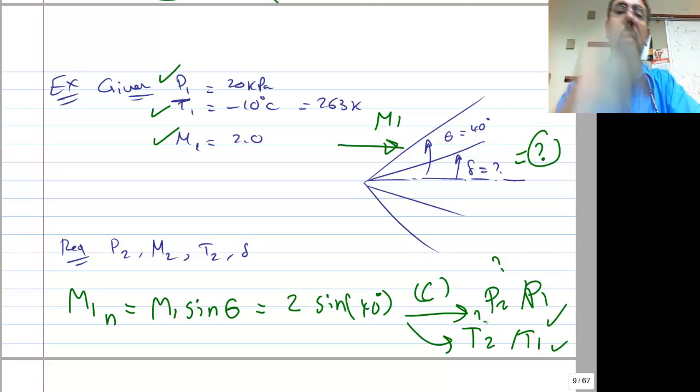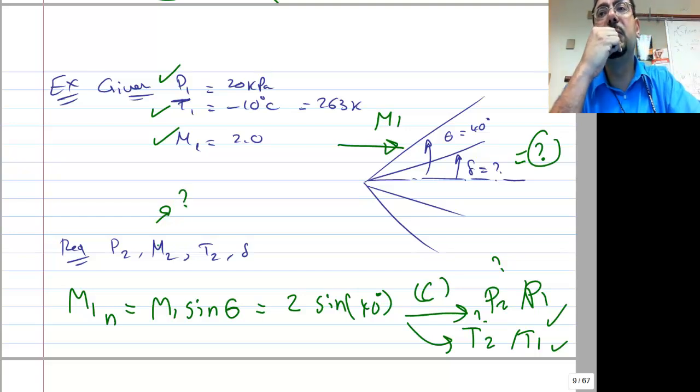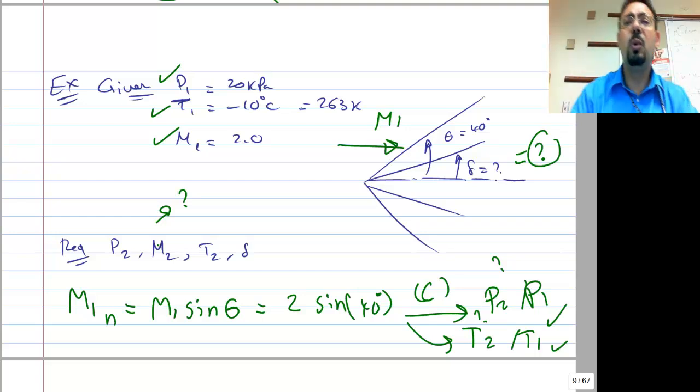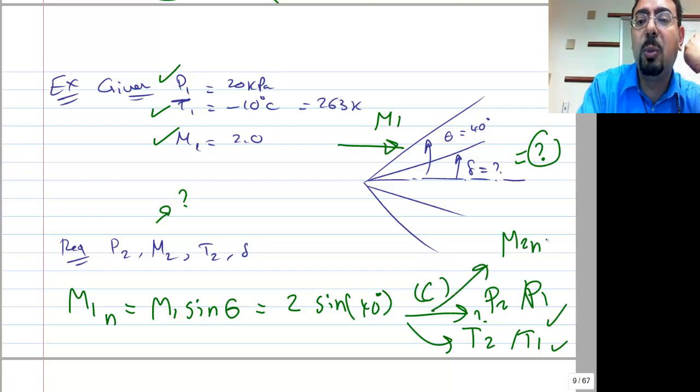Okay? How about M2? Let's get M2. We didn't get M2 yet. How are we going to get M2? What does appendix C give us? M2 normal, right? This appendix C can give you the pressure ratio, can give you the temperature ratio, it also can give you M2 normal.